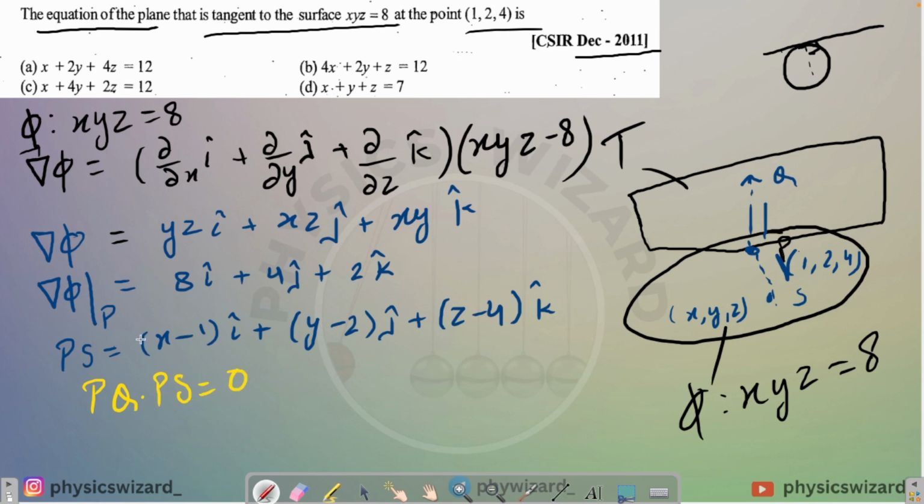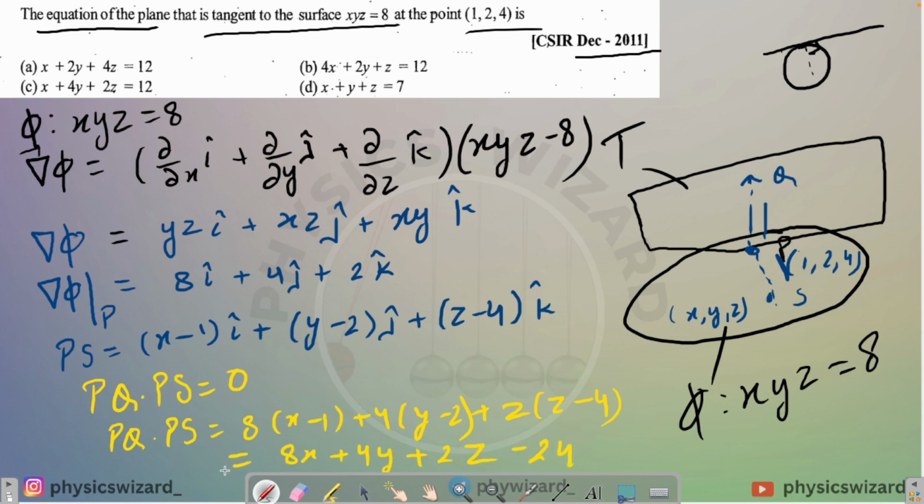So when we find the dot product PQ dot PS, we will get 8(x minus 1) plus 4(y minus 2) plus 2(z minus 4). So what we will get? 8x plus 4y plus 2z minus 24. So this is the required equation for the plane.